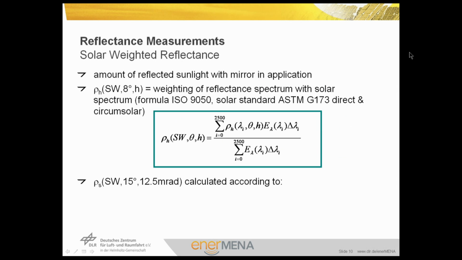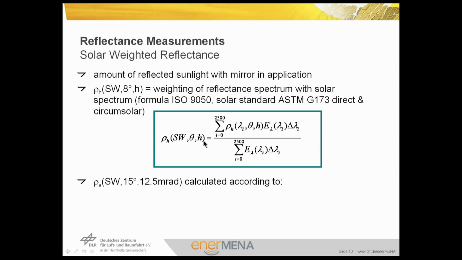So for calculating the solar-weighted reflectance, we have to perform 2 steps. At first, we need to do a solar weighting of the whole hemispherical reflectance spectrum of the mirror with the normalized solar spectrum of the sun, where we recommend to use the solar standard ASTM G173 direct and circumsolar irradiation.